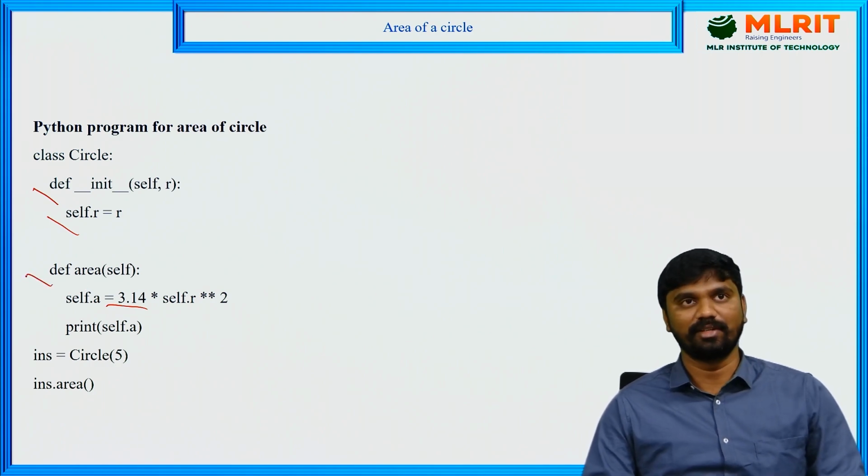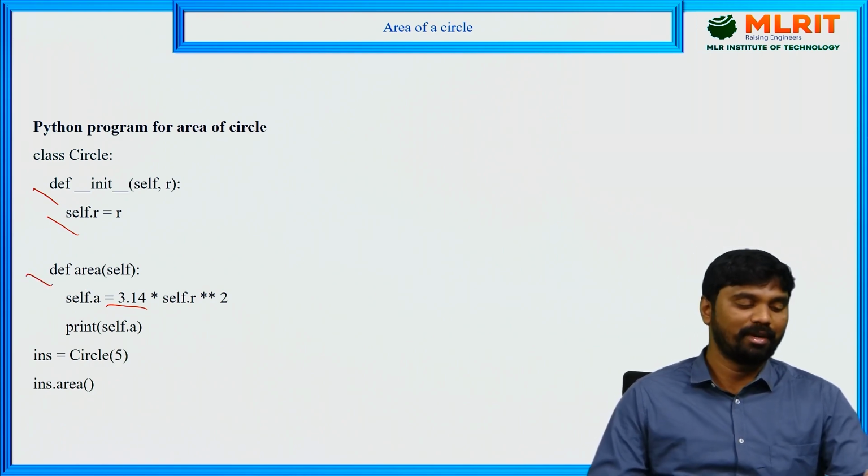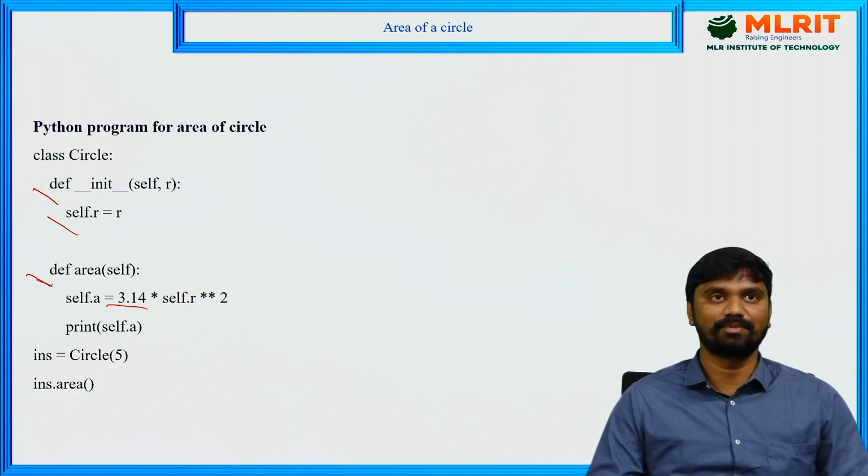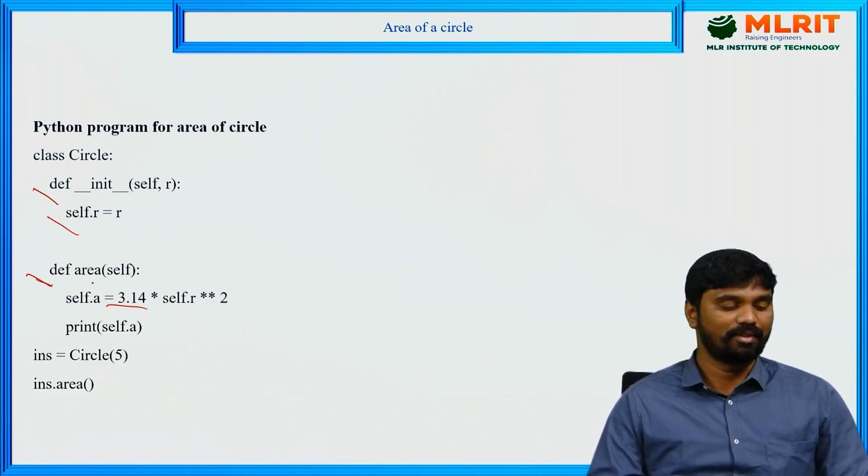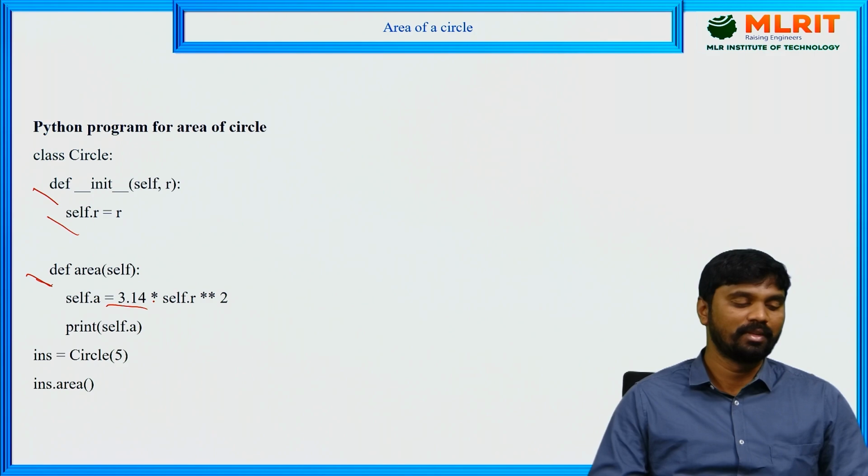And this is the instance method. Anyway, we are going to discuss the types of methods later, but here just consider this an instance method. In this instance method, the result is 3.14 into r, meaning radius.